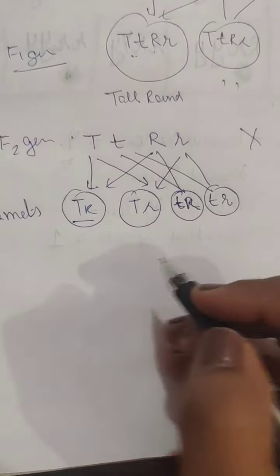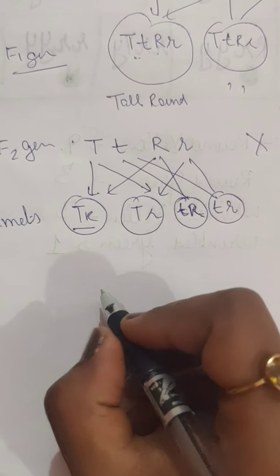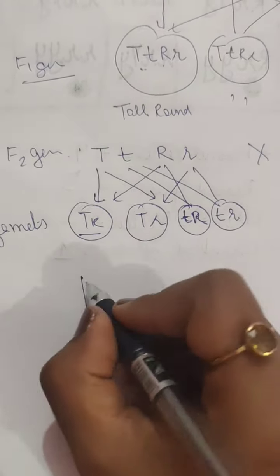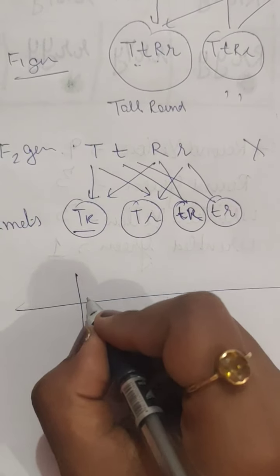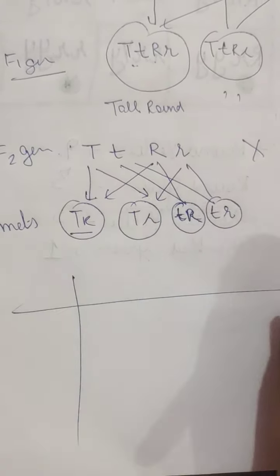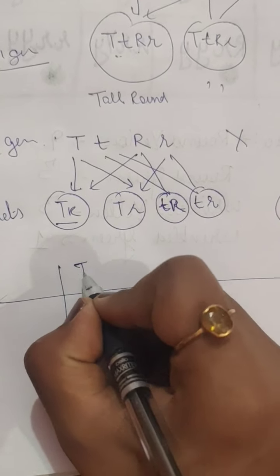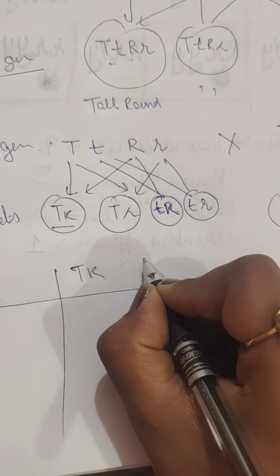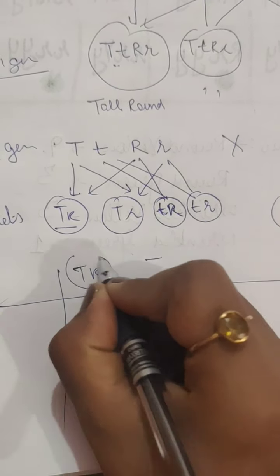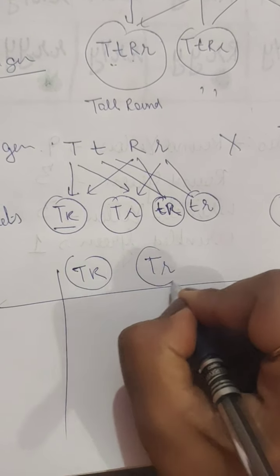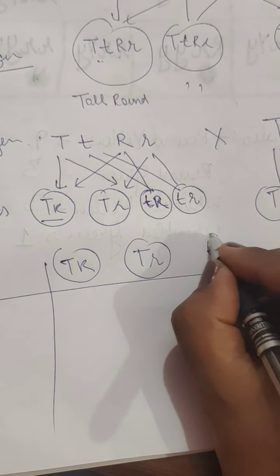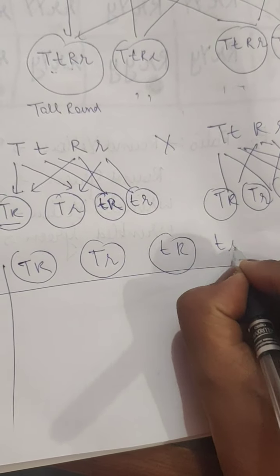Okay, so now when we make a Punnett square, it will be like this. We'll write all the gametes from the upper side and from here. So TR, then T small r, small t and capital R, and small t and small r.